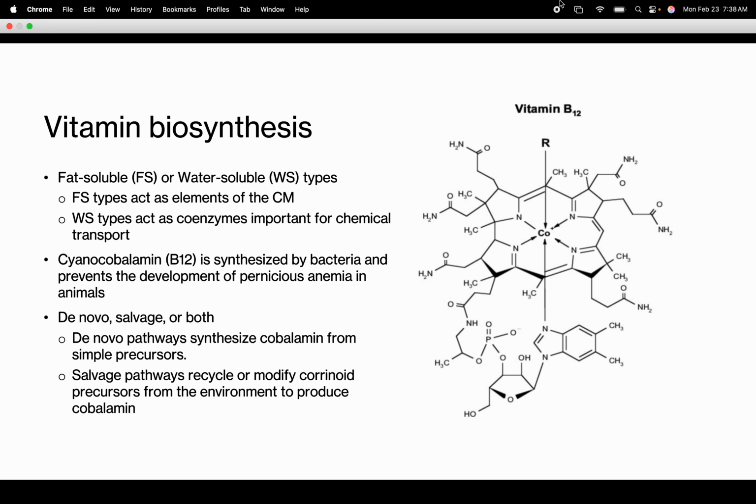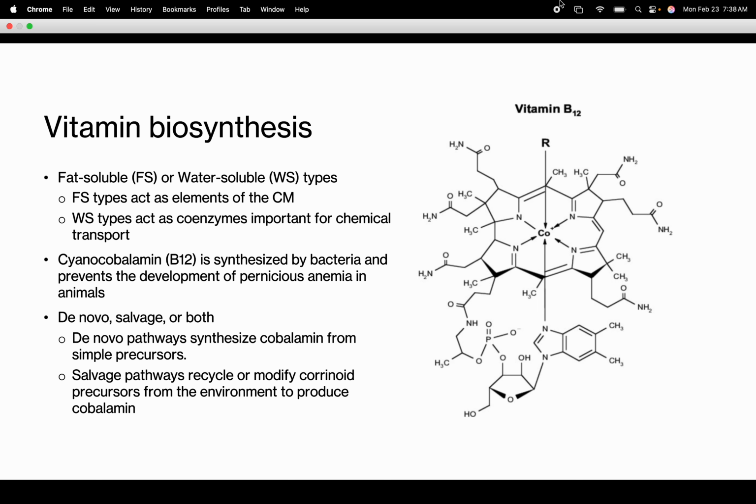Now, at the microbial level, at the microbes producing them, there are several pathways for the production of B12. There are de novo pathways that synthesize cobalamin from simple precursors, from the raw materials up to the very intricate B12 molecule that you can see here.